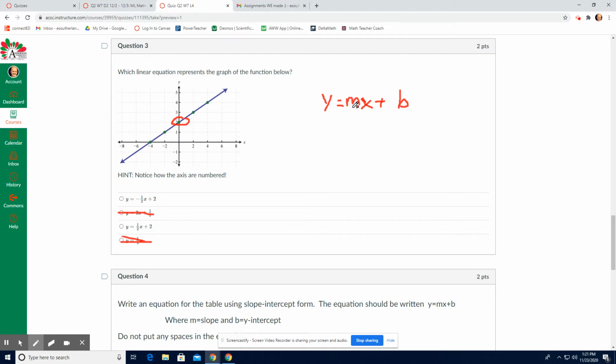Now I've got to figure out what the slope is. I see that it goes up 1. And then this is the tricky part. It looks like it only goes up 1, but it really goes up 2, because if we look, this counts by 2. Notice how this goes from 0 to 2, and then 2 to 4 and so on.